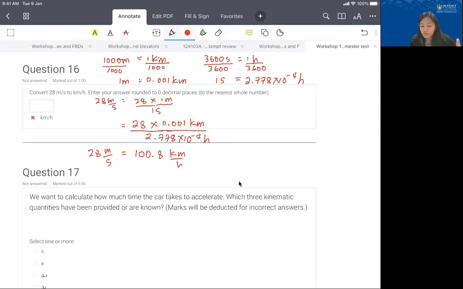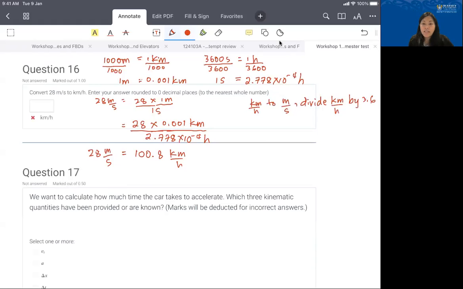If you're converting kilometers per hour to meters per second, you simply divide kilometers per hour by 3.6.